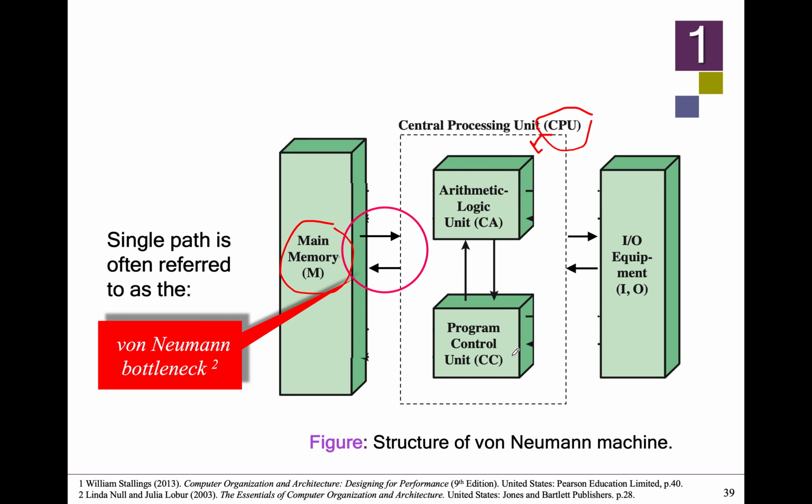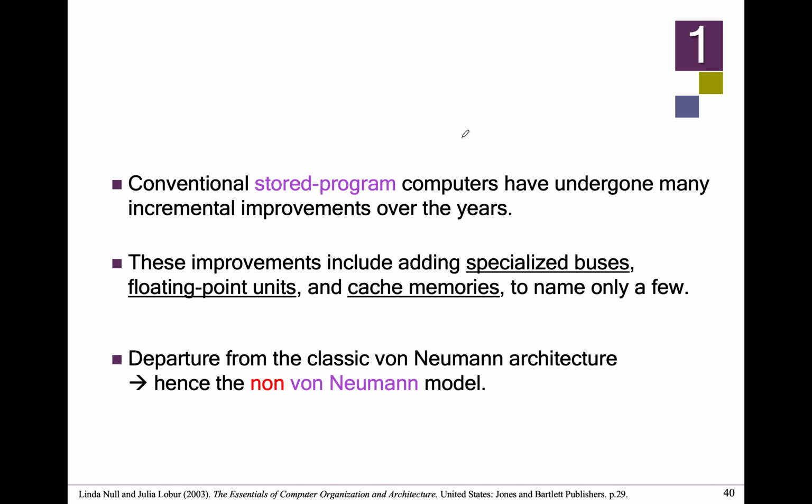Okay, these are the bottlenecks for the von Neumann machines. You can see over here, you need to have a link together to your CPU. Conventional stored program computers have undergone many incremental improvements over the years.